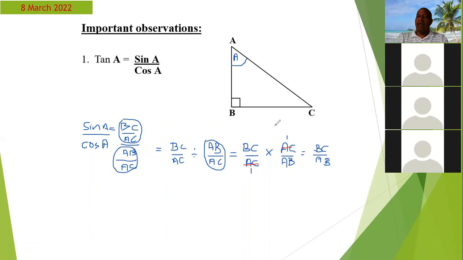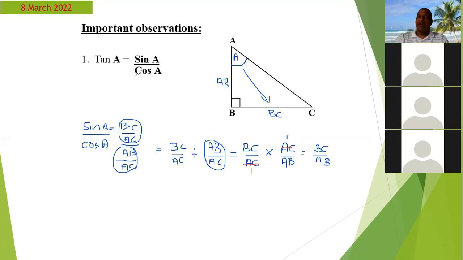Now, if we look at the side BC, this is the side BC, and this is the side AB. If we put BC over AB, which ratio are we finding in terms of the angle A? In terms of the angle A, BC would be the side opposite, and AB would be the side adjacent.